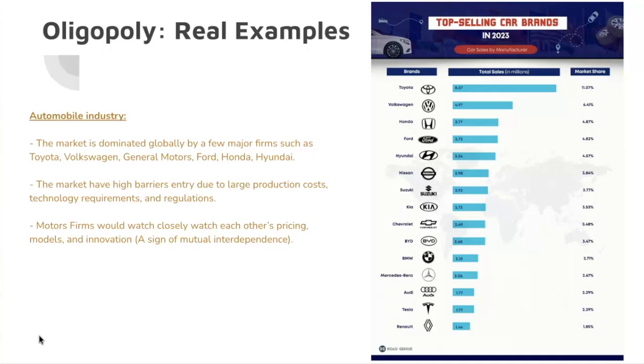This mutual interdependence, where each firm's success depends on its rivals' actions, is a prime example of oligopoly. The result is stable market share, significant price coordination, and competition focused on features and branding more than pricing.